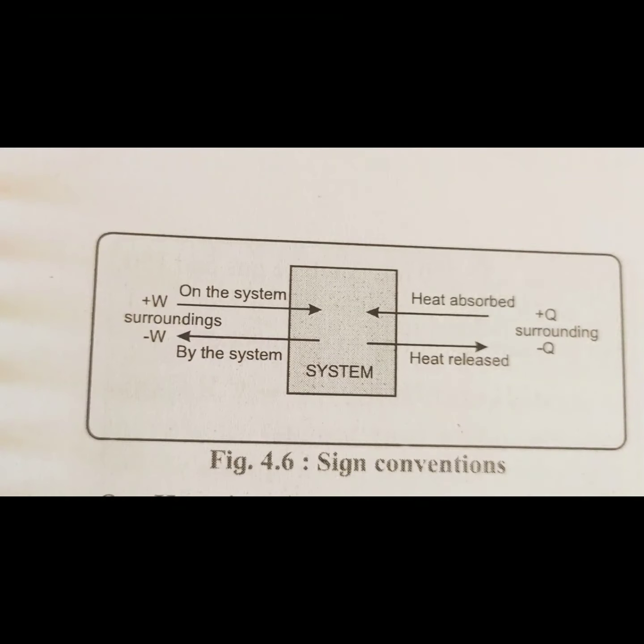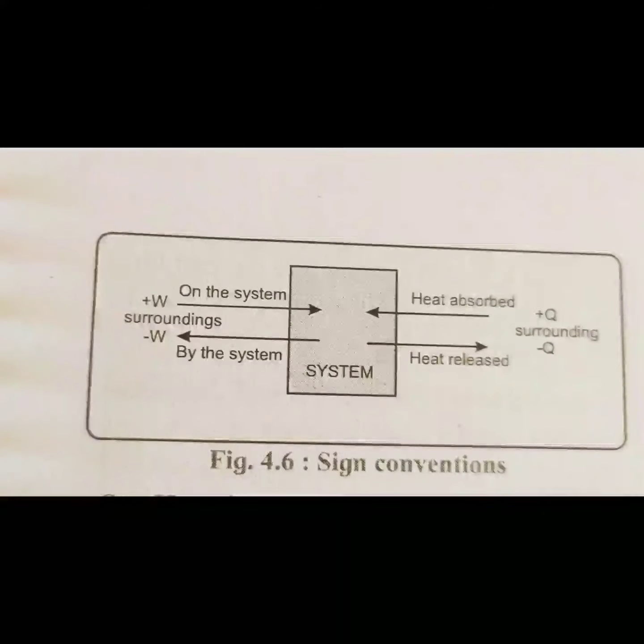Next point is the sign convention of work and heat. Energy entering the system from the surrounding has a positive value, while energy leaving the system and flowing into the surrounding has a negative value. In the diagram, plus Q denotes heat absorbed by the system from the surrounding.